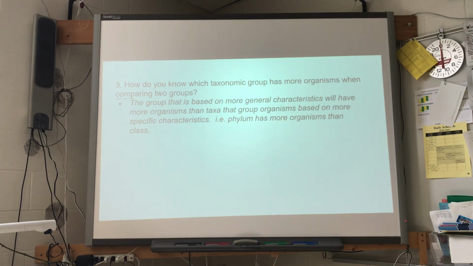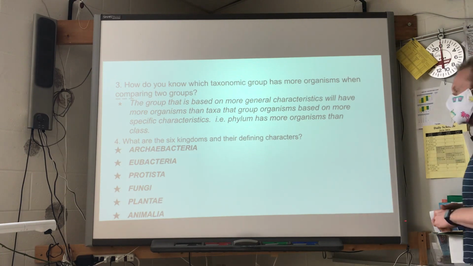The idea is the further down this list we get, the fewer organisms there are. Higher up, more; lower down, less. You get more specific the further you go. And there are 6 general kingdoms that we talk about.